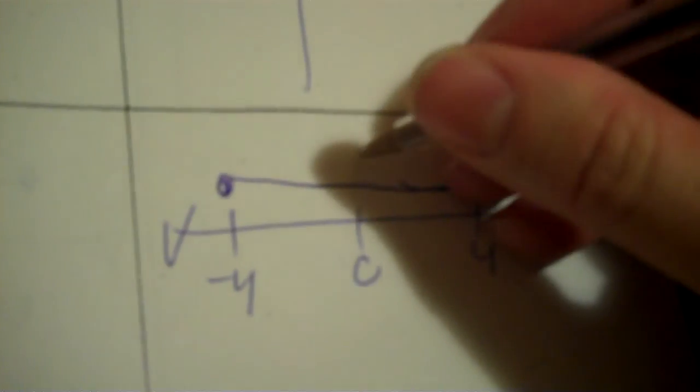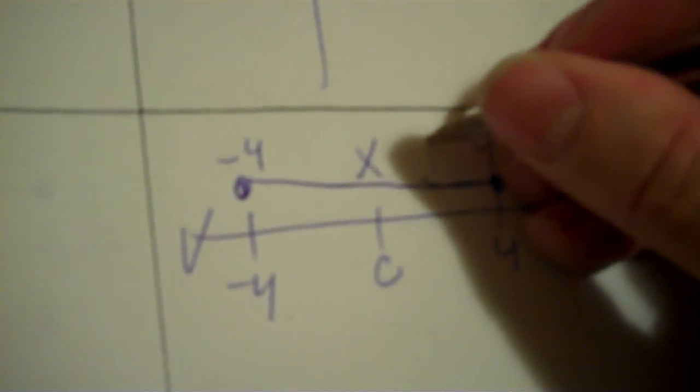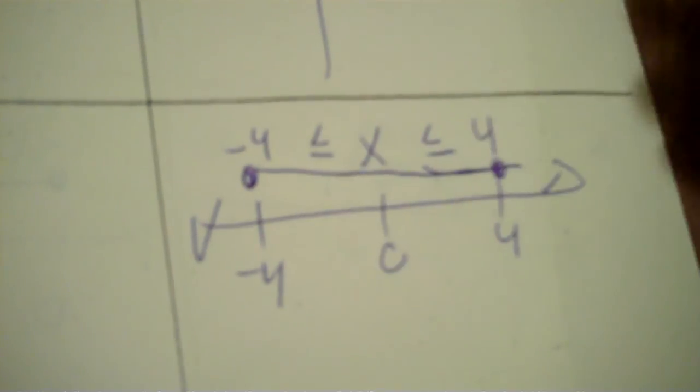Okay, so I have 4, negative 4. Eats a number, eats the x. So again, x in the middle, negative 4, 4. Eats 4, eats x. Really, you don't have to use your calculator for anything.